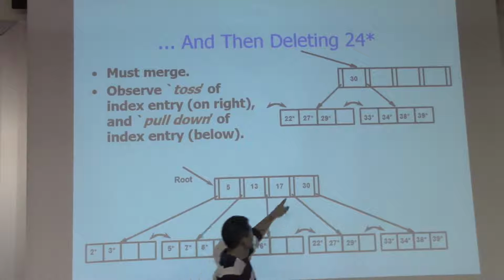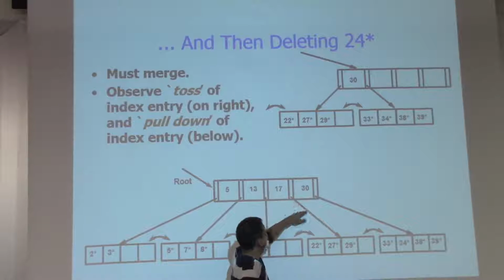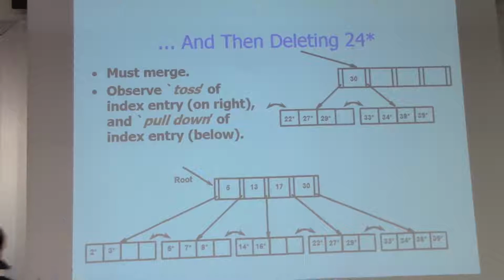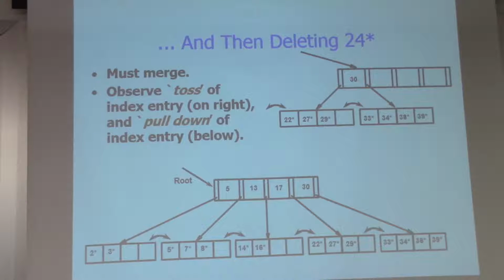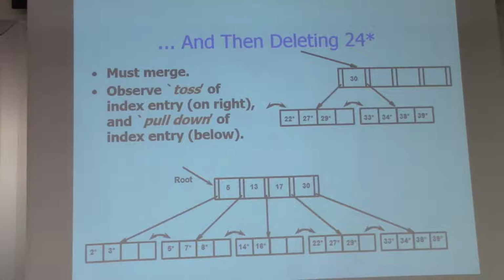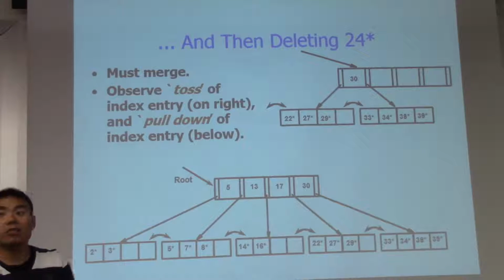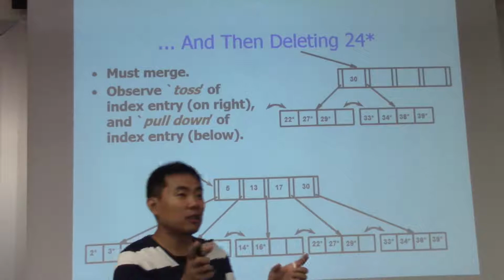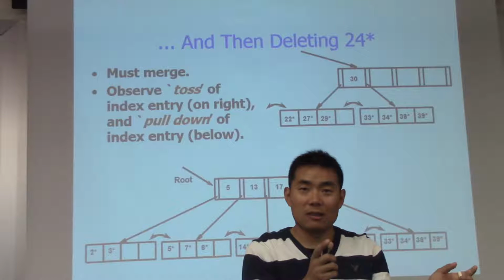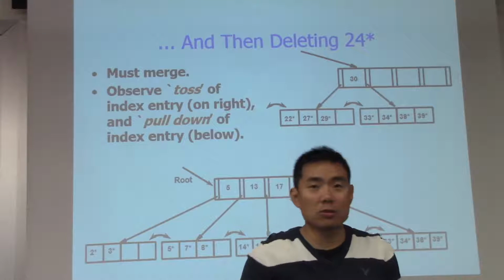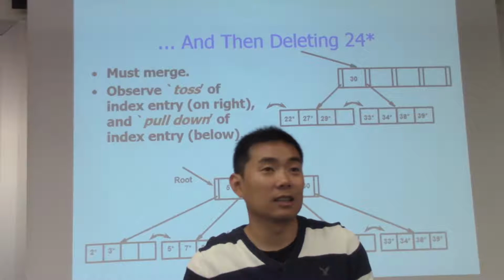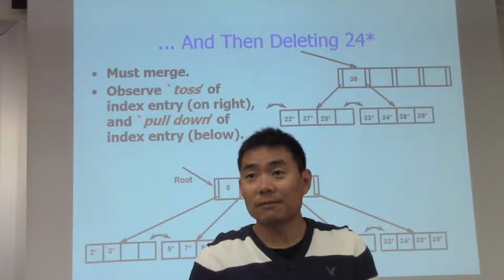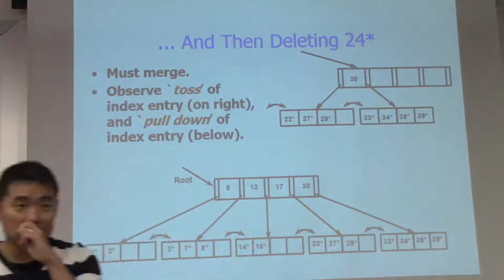And this pointer for this entry 17 is actually the leftmost pointer in that node, which, if you recall, was the pointer associated with this value 17 in the first place, before it was pushed up to the level above. So everything is in good order again. You follow me? Yes?